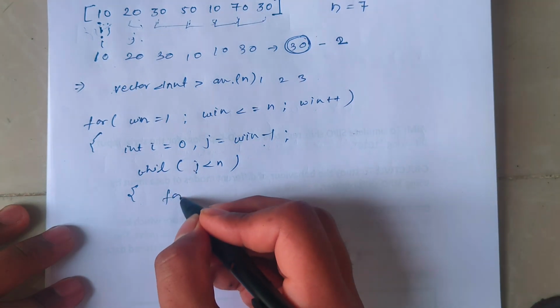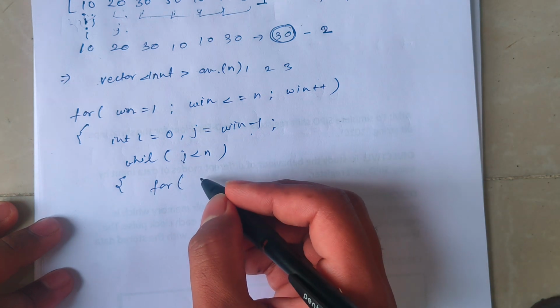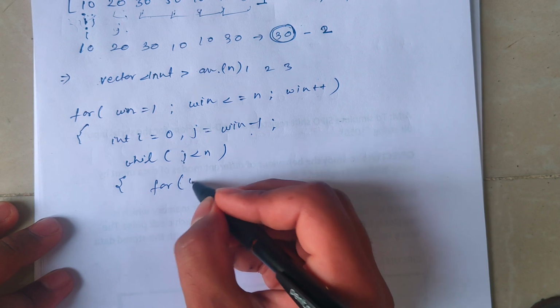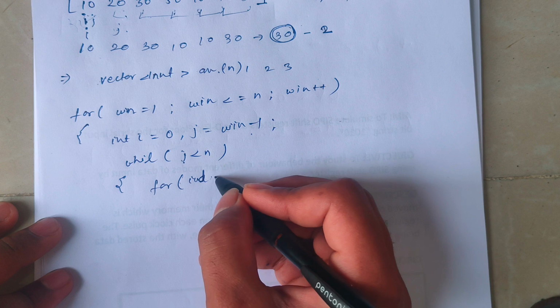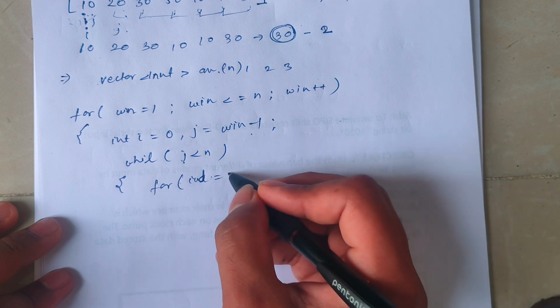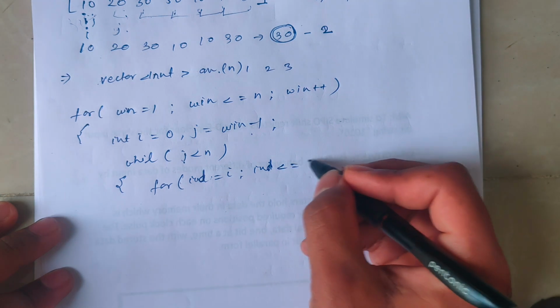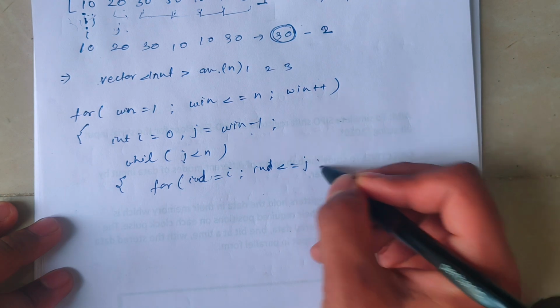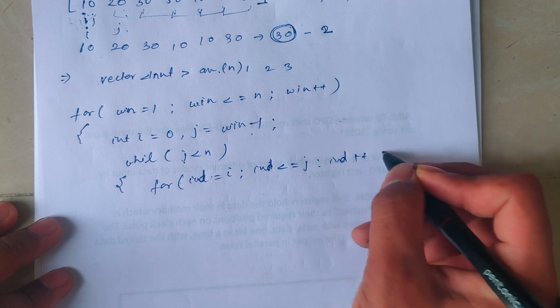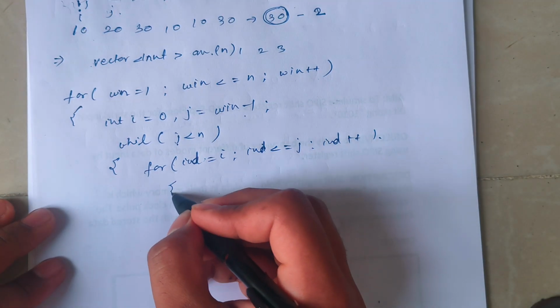So for index is equal to i, index less than equal to j, index plus plus, what we would do?